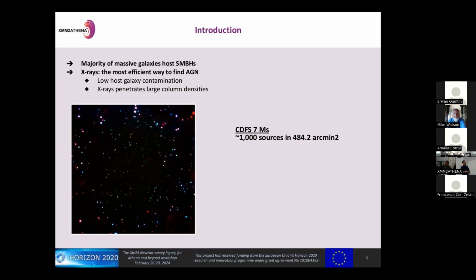So here is the Chandra Deep Field South, 7 megasecond exposure time. We have around 1,000 sources in the good catalog, and this actually corresponds to more than 25,000 AGN per square degree.